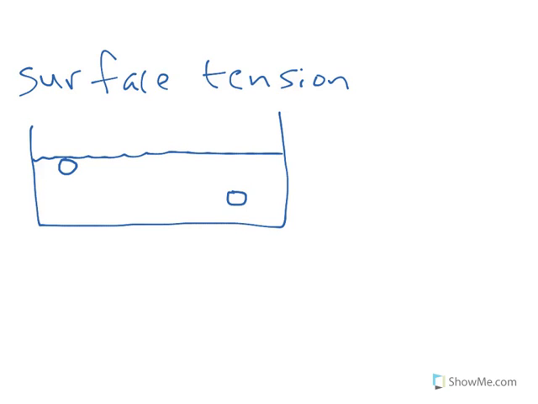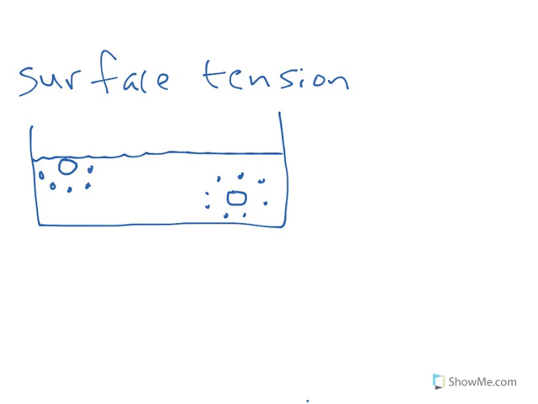I'm going to draw neighboring water particles. Now, it's not to scale; all the water particles should be the same size. In each case, each one of the water particles is surrounded by neighboring water particles. However, you notice the one at the surface is not completely surrounded, because once you break the surface, there's no more water.